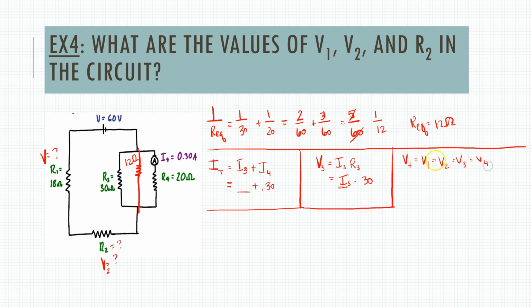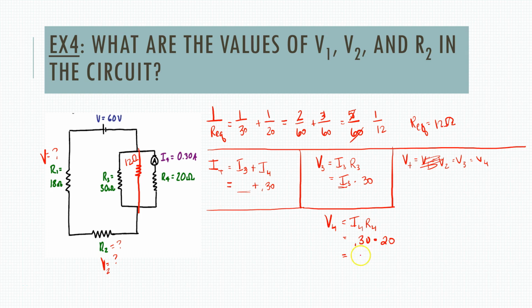We don't have 1 and 2 in parallel. We just have 3 and 4. So whatever the voltage is of 3, it also is of 4. But I don't have the ability to, I'd take that back. I do have the ability to find this out. I can figure out the voltage of 4 because I have both pieces. I have I4, I have R4. I have both of those right here. So, aha, we have something. We have 0.30 times 20.